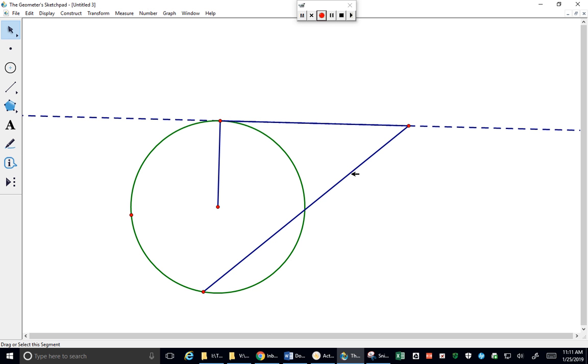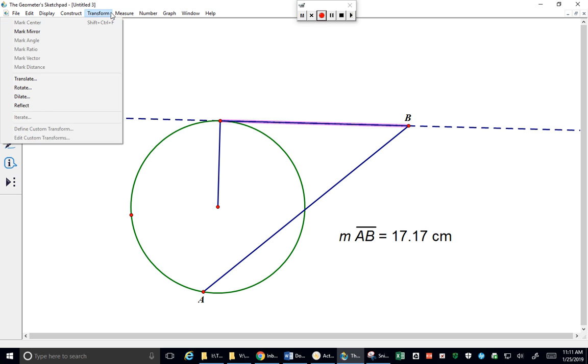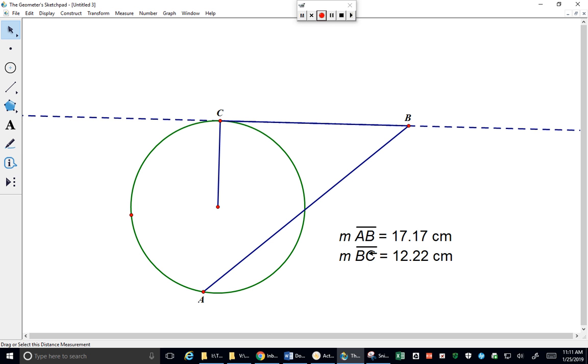So let's measure some lengths. Let me measure my secant. Measure length. There we go. Move down over here. Measure my tangent. There it is. Measure length. Let's put it up here. And now I need to measure the outside part. So from here to there. No, it didn't touch it, did it? See if I can move it so it does touch.